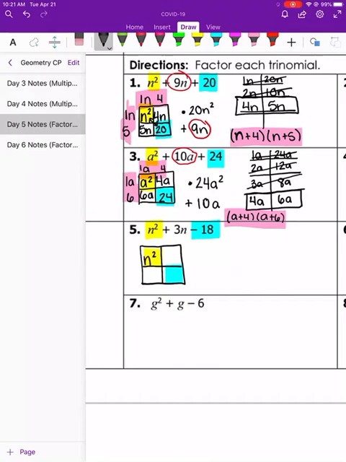So n squared goes here, negative 18 goes right here. So I want to multiply to negative 18n squared, and I want to add to 3n. Okay? Where I got that 3n from is right here.